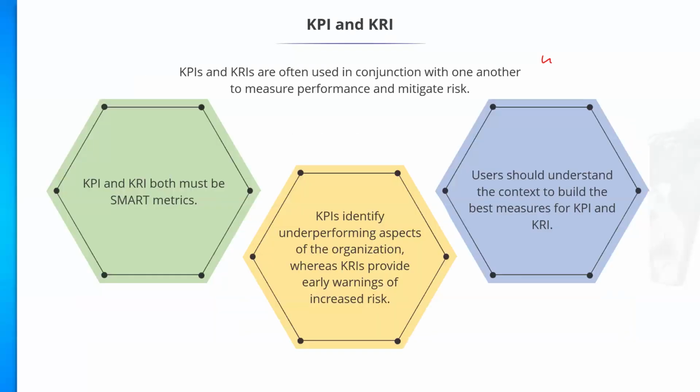KPIs and KRIs should be SMART metrics. SMART means specific, measurable, relevant, achievable, and time-bound. KPIs track underperforming assets, whereas KRIs provide early warnings of increased risk. You should understand the context to build the best measure for a KPI and KRI.